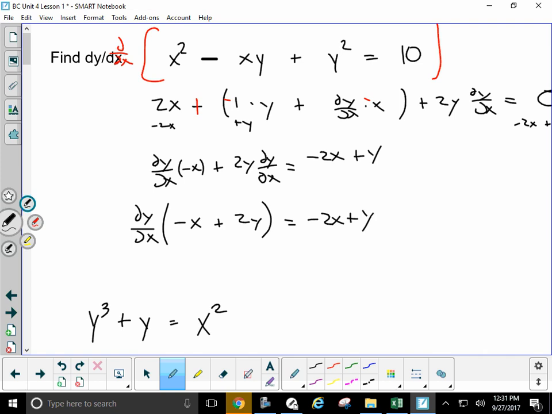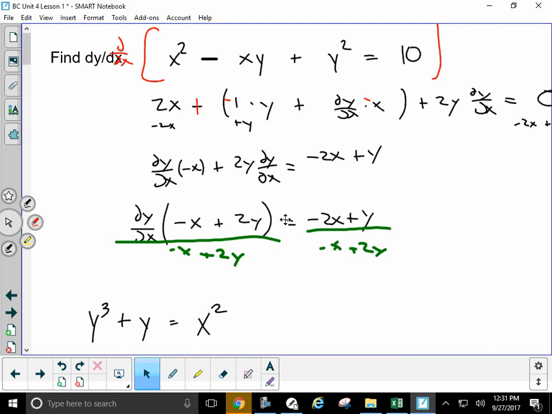Now, the last step would be to divide by what dy/dx is being multiplied by to get dy/dx by itself. Go ahead and divide this by negative x plus 2y, and divide this by negative x plus 2y. And you've just found dy/dx.